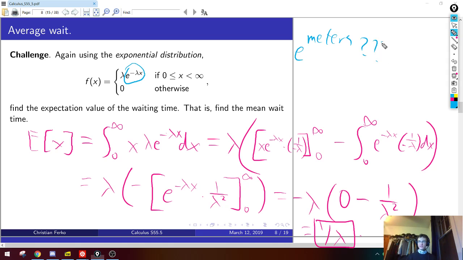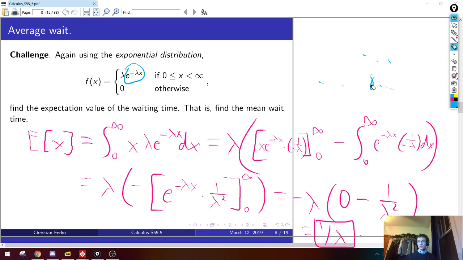It doesn't make sense. However, taking e and raising it to a dimensionless number, like 1, makes sense. It's like 2.718. So everything appearing in an exponential must have no units.